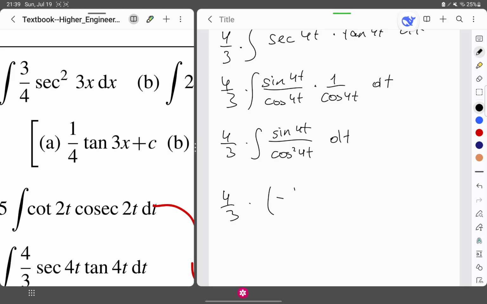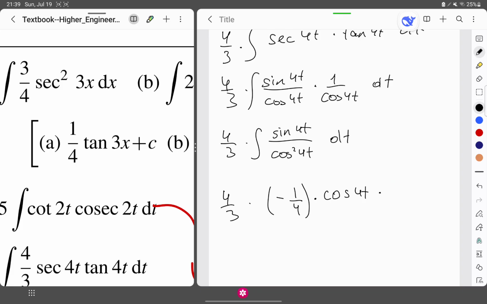negative 1 over 4 times, wait a second, times sine is cosine 4t times, what about cosine? Cosecant.